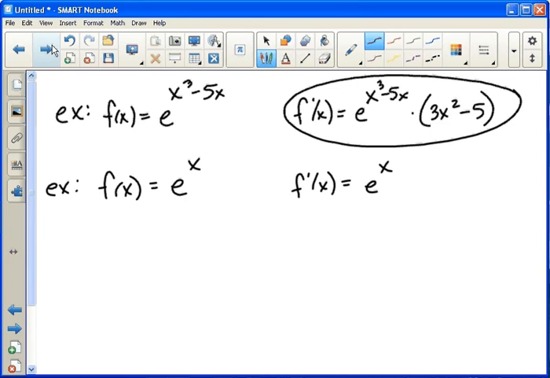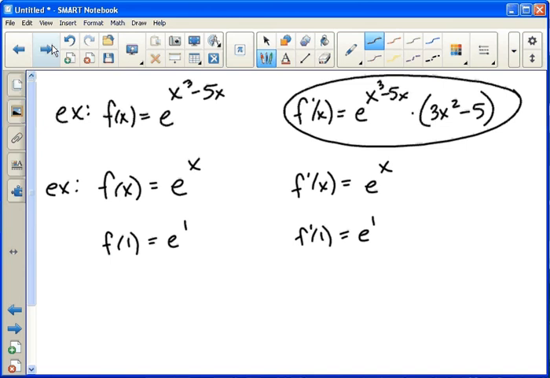Alright, now I realize that may not sound really cool, but here's what that means. If you plug 1 into e to the x, it obviously tells you the y value. Like if I come back here, plug in 1, e to the 1, it's 2.71 something. Well, it turns out that not only is that the y value at 1, that's also the slope at 1.